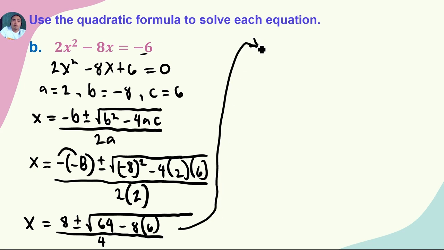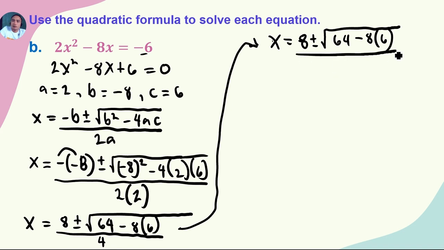Right? So let's continue here. Okay, copy this first. x equals 8 plus minus the square root of 64 minus 8 times 6, all over 4.